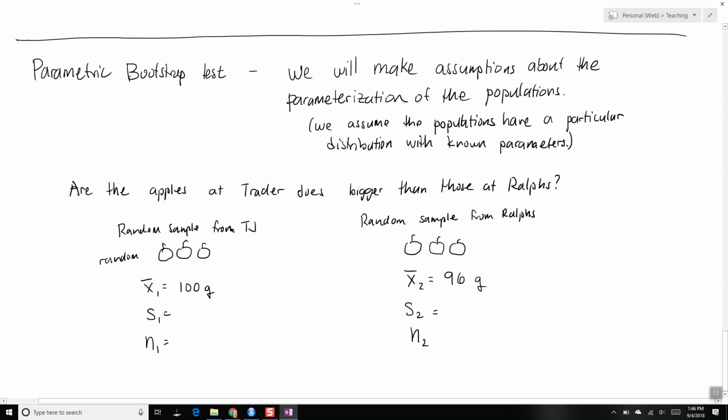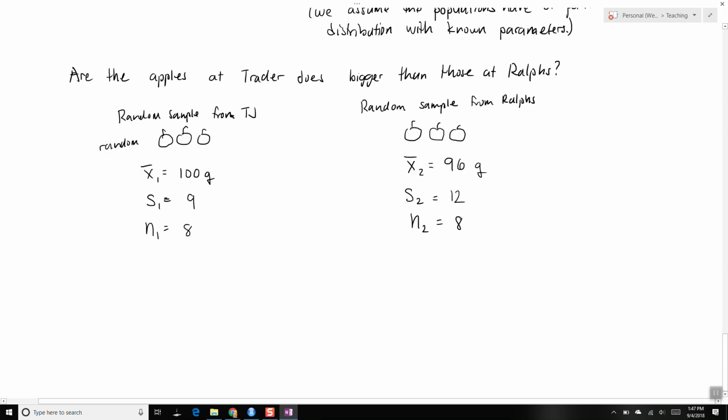The standard deviation of the Trader Joe's apples is 9 grams, and we had 8 because that's all we could afford. And for Ralph's, 12 grams, and we got 8 from Ralph's also. This is our data.